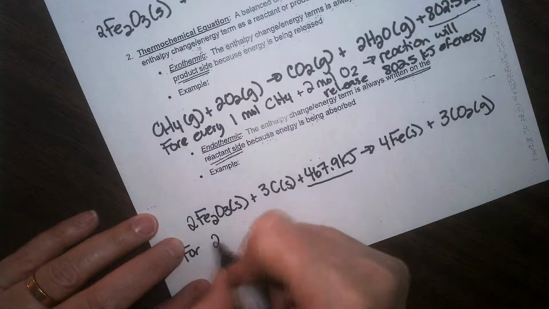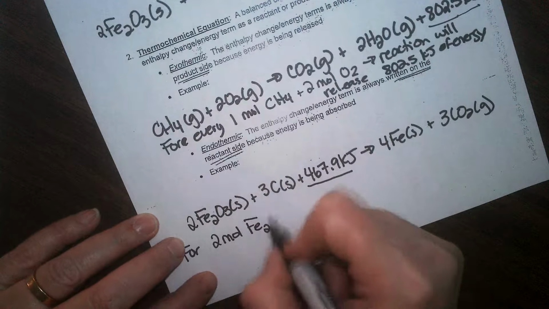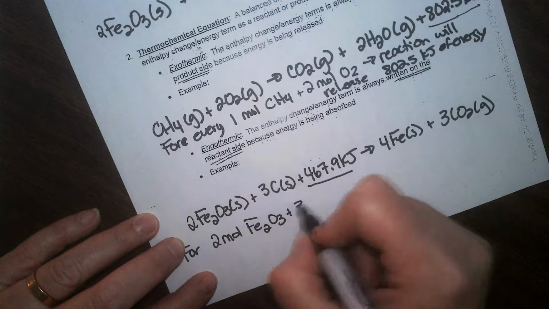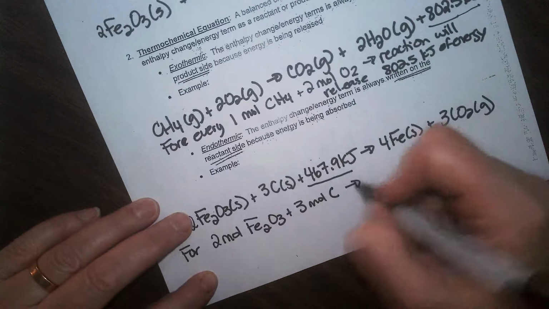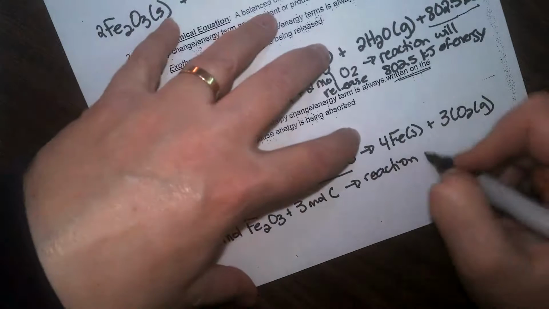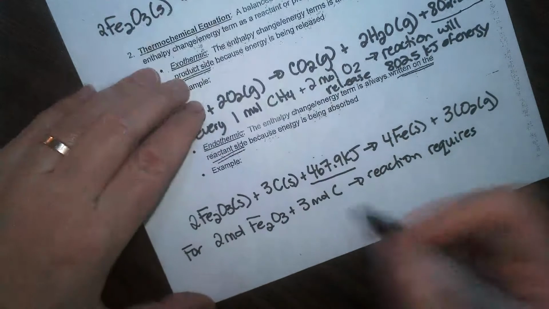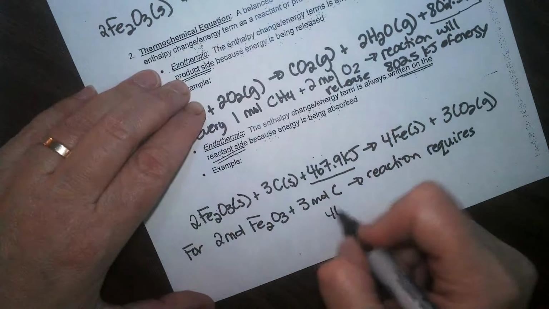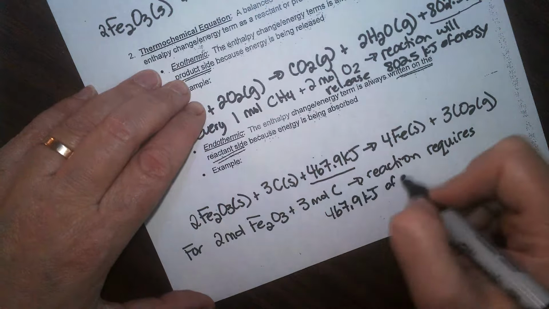So for every 2 moles of iron 3 oxide and 3 moles of carbon, that reaction requires 467.9 kilojoules of energy.